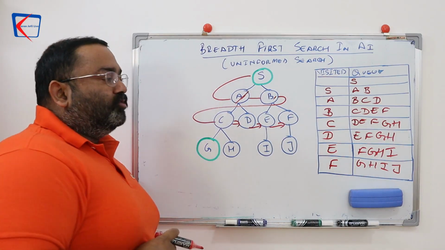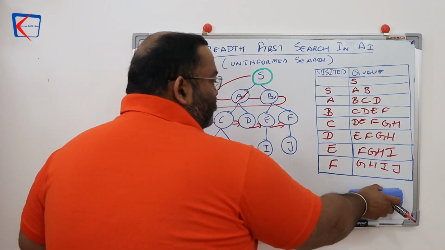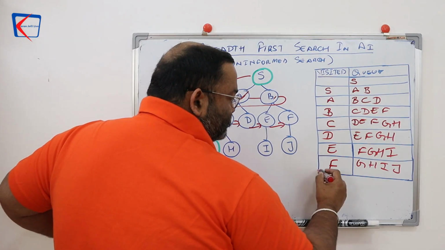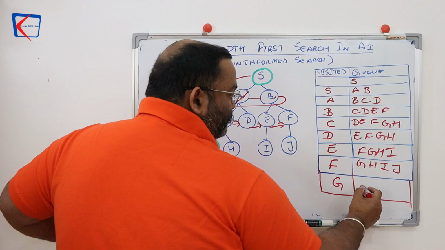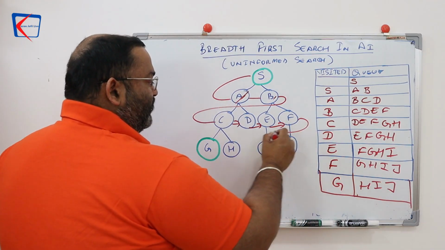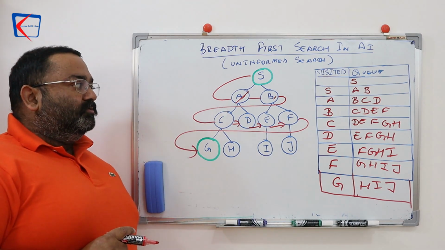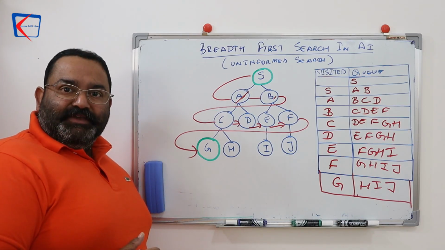F is also not my goal. The next node I remove from the queue, first in, first out, is G. What is left in the queue is H, I, J. From F I go to G. Is this my goal?